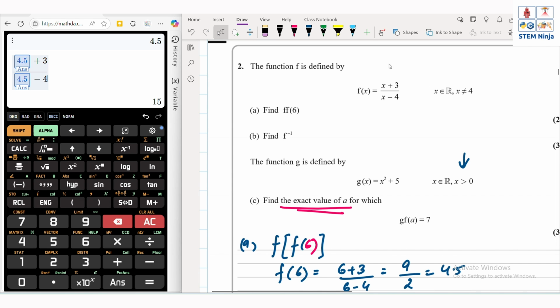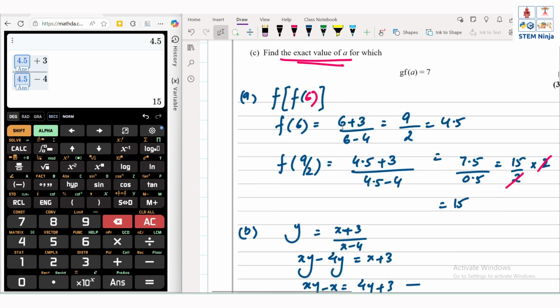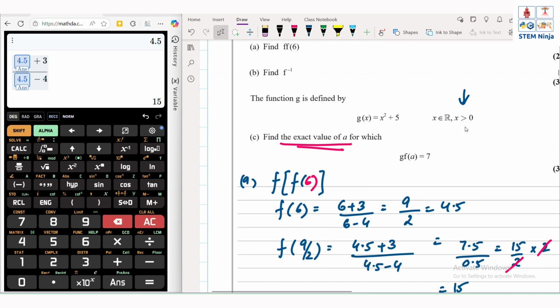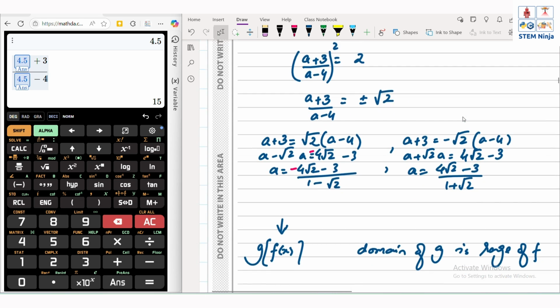You could do the long division and find out what the range is, but it's not important over here. However, what is important is that the domain of g of x must be greater than 0. So that is one problem that we need to see.